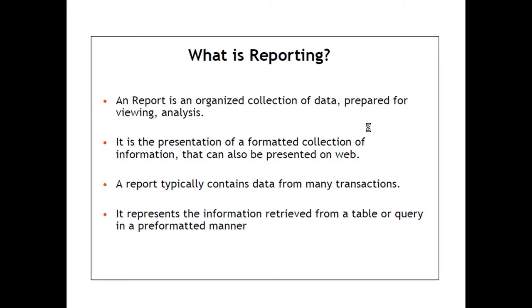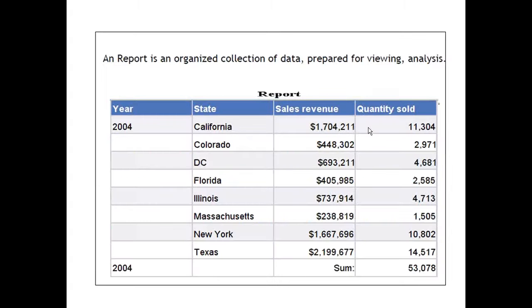Let's see an example of a report here: an organized collection of data prepared for viewing and analysis. A year-wise, state-wise sales revenue and quantity sold you can see here. In 2004, the state-wise sales revenue information is available.